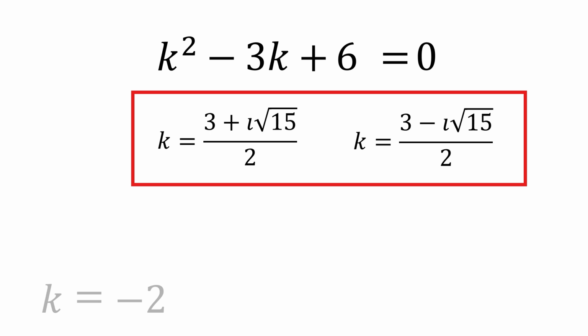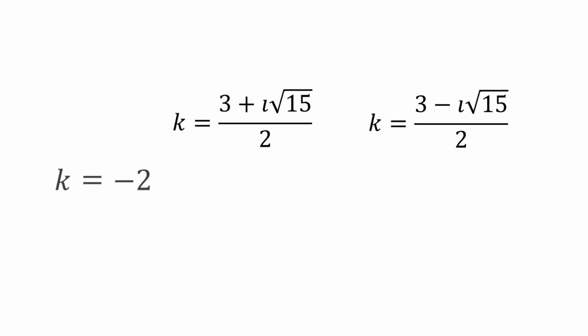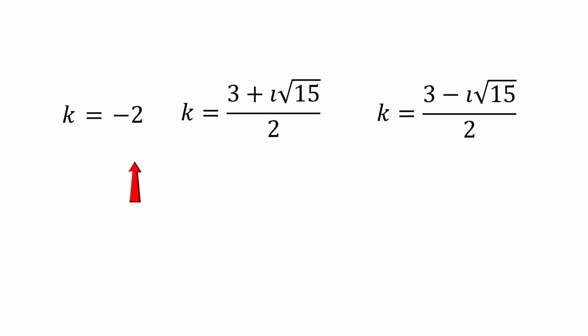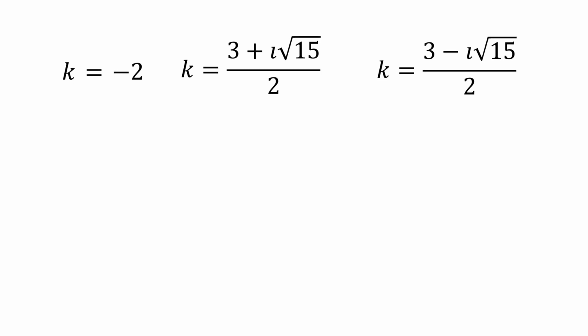These are called complex conjugates, and whenever a polynomial has real coefficients, they often appear together. Let's collect everything. Our first solution, -2. Our second, 3 plus i root 15 over 2. Our third, 3 minus i root 15 over 2. 3 solutions altogether. Exactly what we expected.